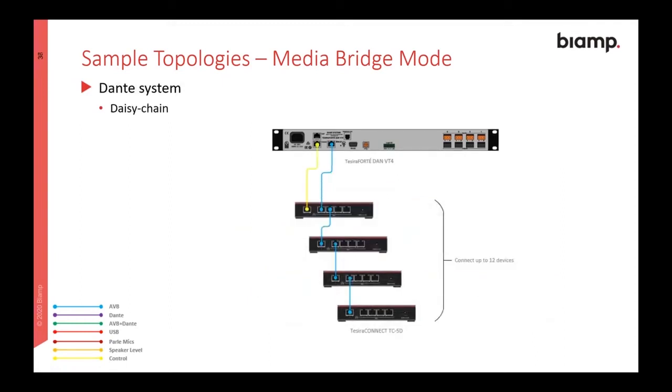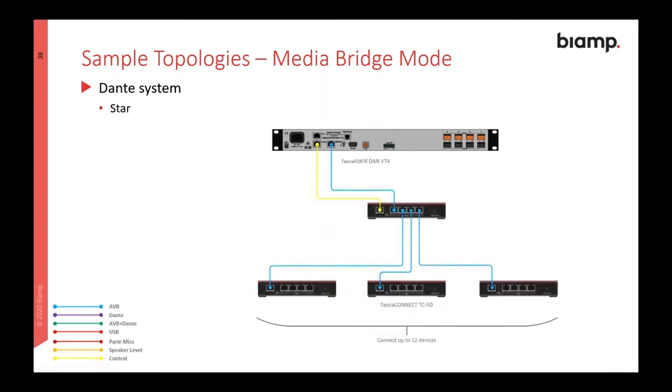And when you're dealing with the pure Dante system, where your DSP is a Dante device, of course, the control port now has to connect into the network, unlike AVB. We cannot do control traffic over the Dante protocol. That's why we need separate connections of control and Dante back to the TesiraCONNECT network.